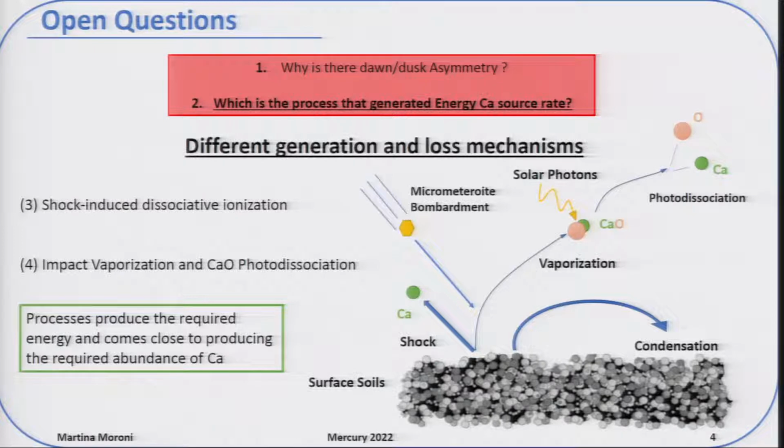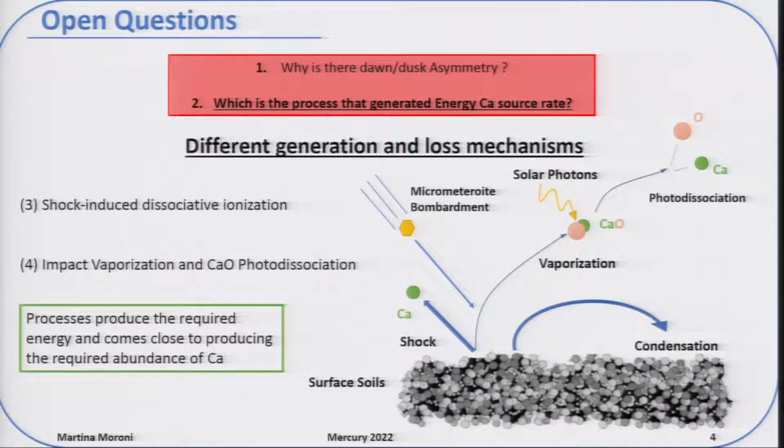The second process that I represent in this schematic plot is impact vaporization followed by calcium oxide photodissociation. Also in this case, the bombardment of micrometeorites releases calcium in molecular form into the exosphere. For this study, we consider only calcium oxide. In the second step, with solar photons, there is photodissociation that releases calcium and thermal oxygen into the exosphere.